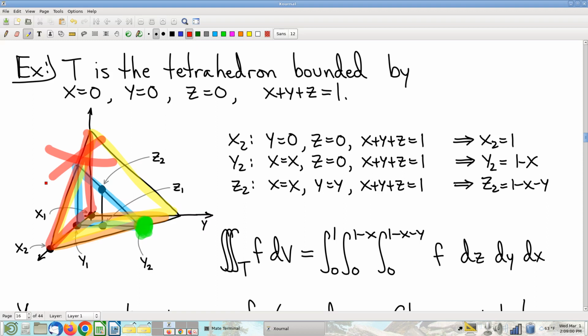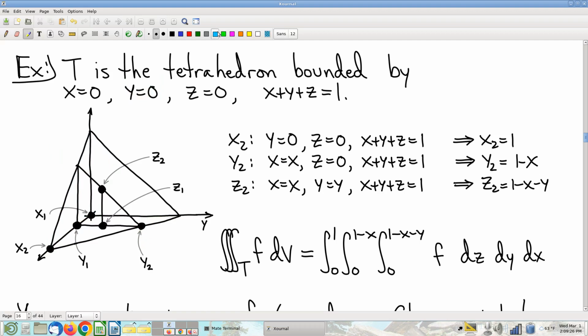So how do I know not to include, for example, that plane, that equation, y equals 0, in the algebra that leads me to my y bound? Well, because the picture shows me that the point in question is simply not on that plane. So I don't include that plane because the point's not on it. The picture is what allows me to draw that conclusion. Okay. All right. Now moving along.